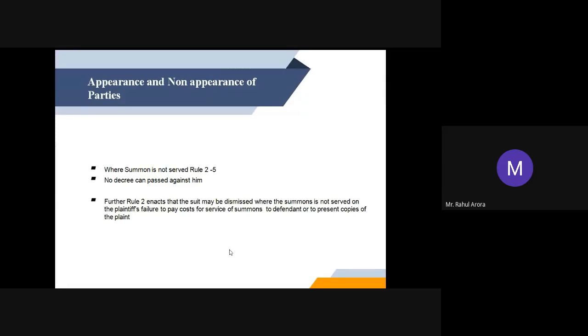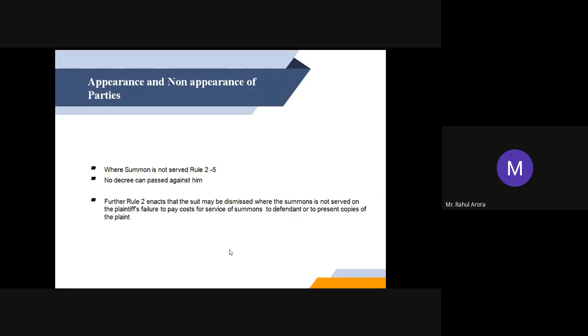Next, where summons is not served, Rule 2 to 5. What would be its consequence? As you all are aware, summons is a notice given to the party to appear before the court of law on a certain date and thereby to give its reply qua the suit filed against him by the plaintiff.